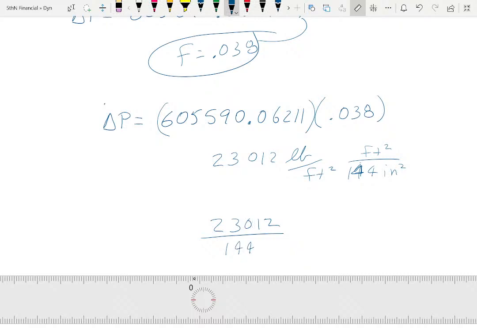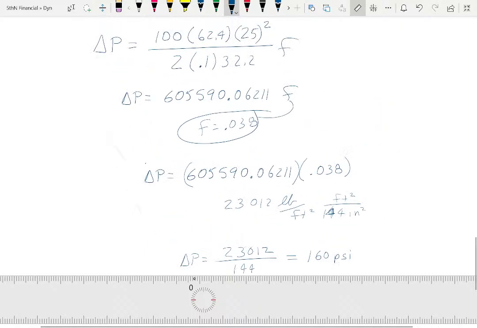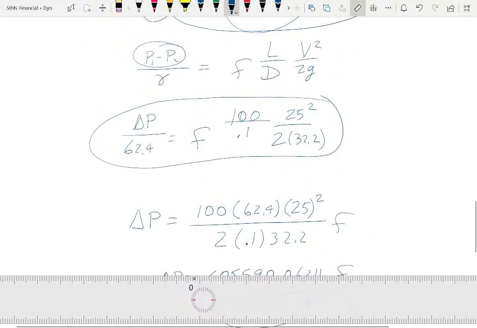Let's see what happens. Oh, it's doing some extra funny stuff. Equals 159, or about 160 psi. So that's what it would take to get that to go through there. You'd have to have 160 psi to get that to go through that pipe.